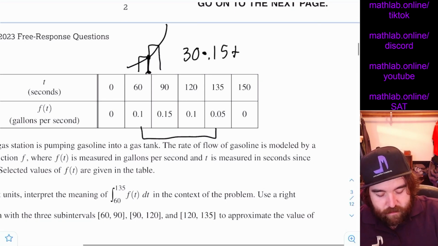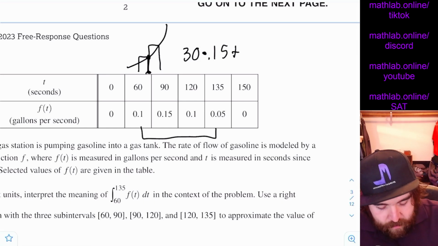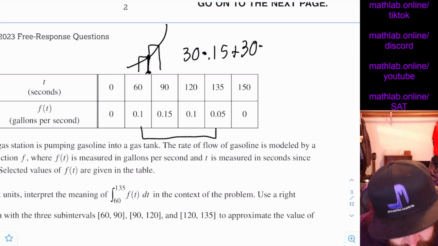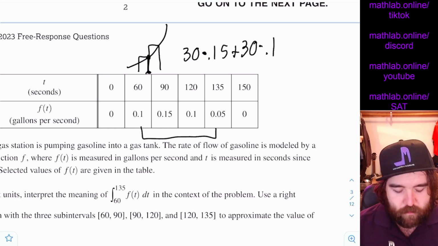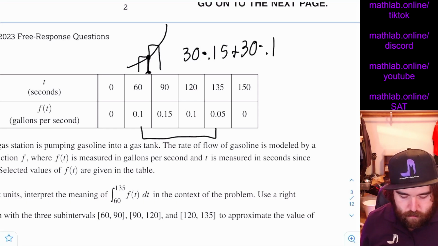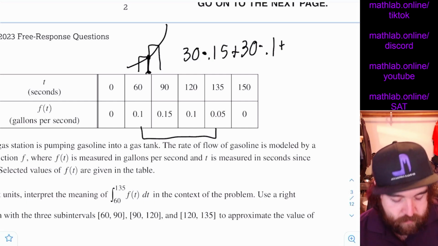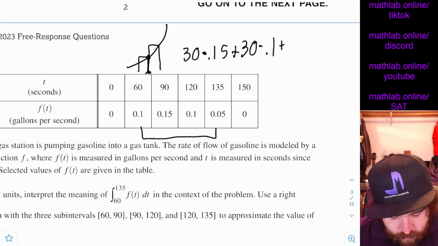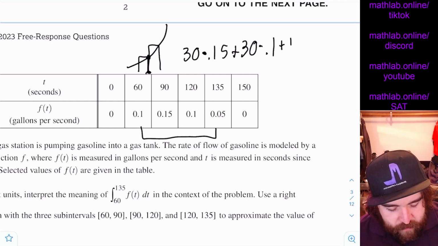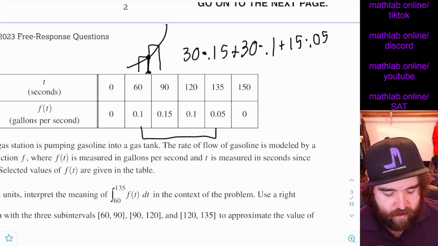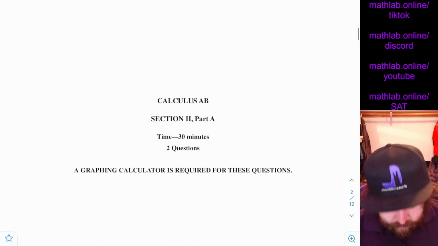And then plus 90 to 120. So that's another 30 times the height of that rectangle, which is 0.1. And then the last one has a different width. See there, 120 to 135, that's only 15 times the height of that rectangle, which is 0.05. And this is a calculator problem?